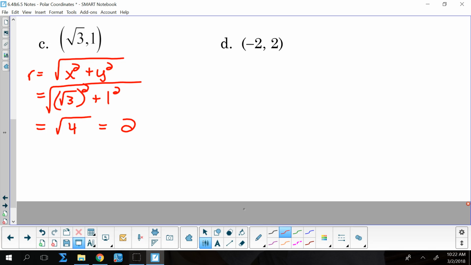Which quadrant is the rectangular point, the square root of 3 comma 1, in? It's in the first quadrant, right? So the reference angle is my actual angle in quadrant 1. So theta here is going to be the inverse tangent of 1 over the square root of 3.